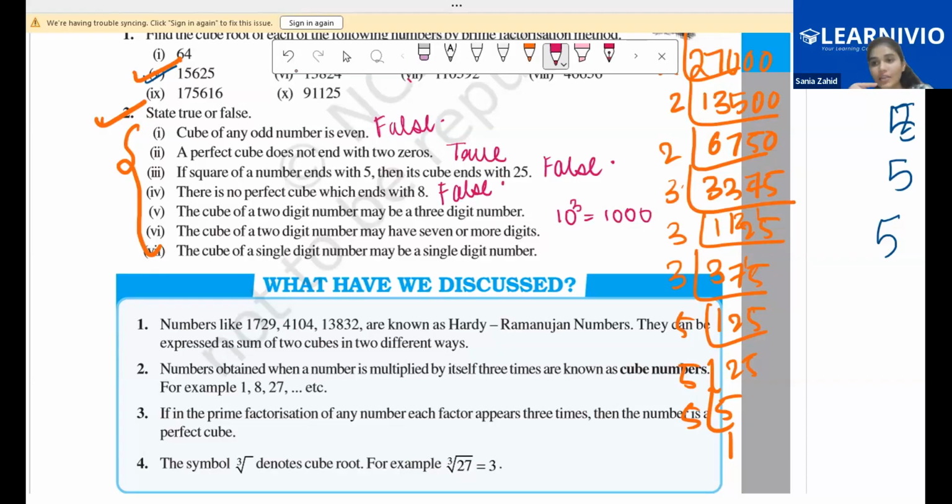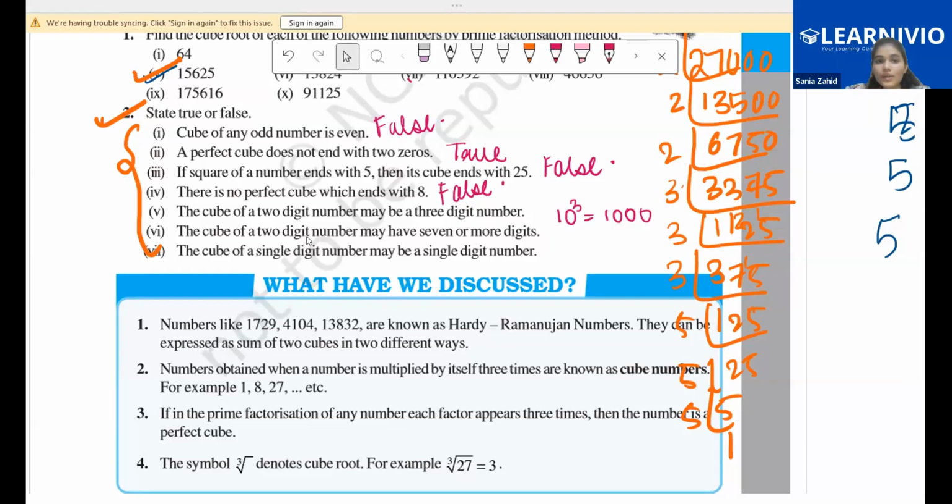If I increase the numbers, after 10 I take 11, 12, 13 cube, 14 cube, 15 cube, so the cubes will also keep on increasing. Like 11 cube is larger than 10 cube. Right? 12 cube is larger than 11 cube. Children, are you understanding? Yes, ma'am. So that is why I took 10.